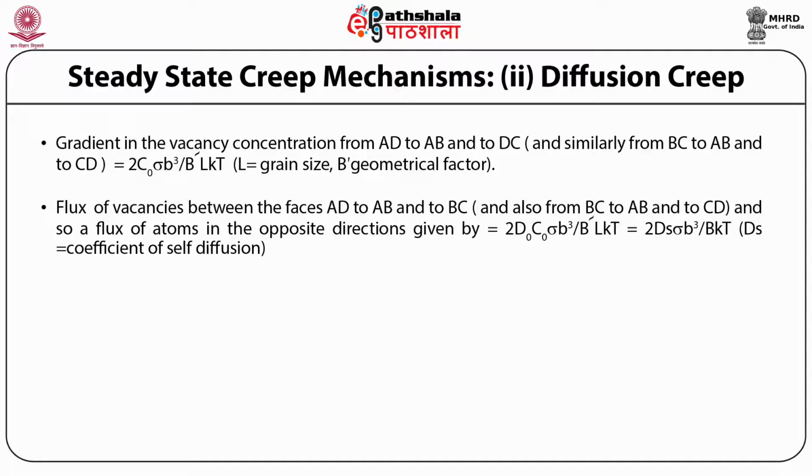And so the flux of atoms in the opposite direction is given by flux of atoms equal to 2 D0 C0 σ b³ divided by b′ L kT, equal to 2 Ds σ b³ by b kT. Now here Ds is the coefficient of self-diffusion.